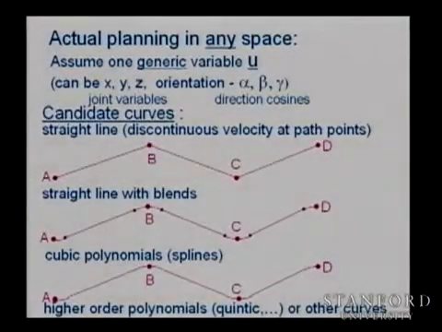Finally, if you have a lot of constraints that you want to satisfy along the way, you might want to use higher order polynomials like quintics or septics. A cubic polynomial, as we'll see in a moment, has 4 parameters, so you're limited on how many constraints you can satisfy.